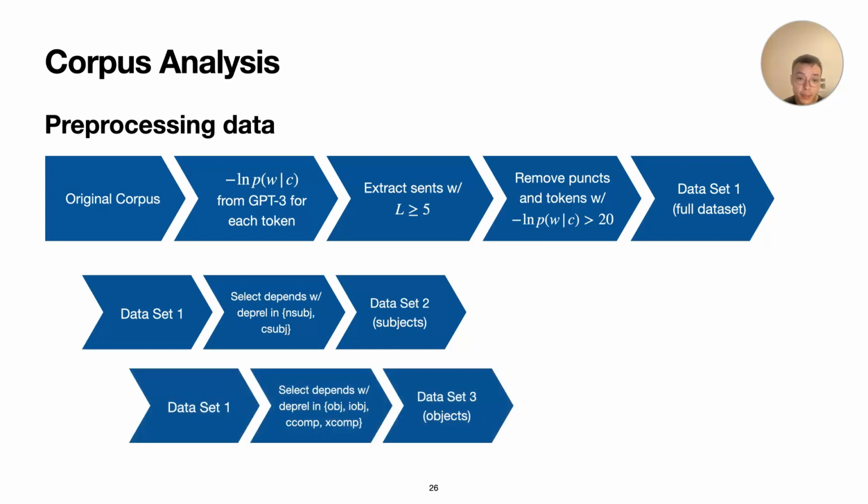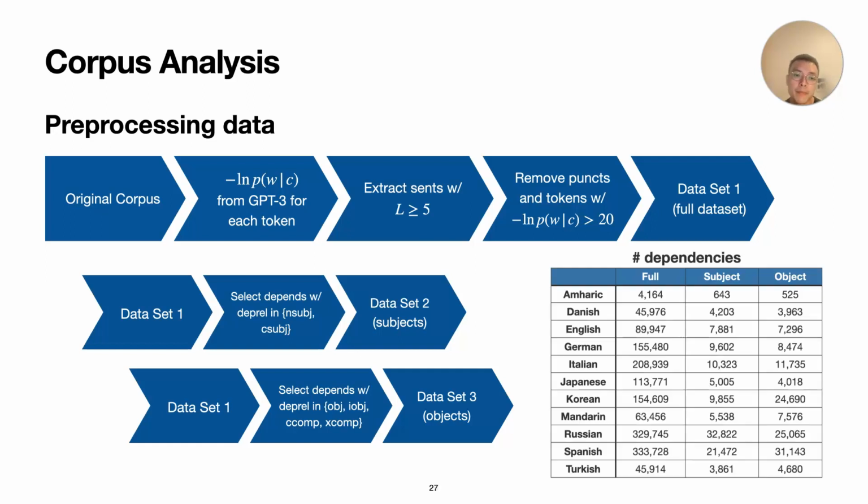We also selected dependencies whose dependents are annotated as object, indirect object, CCOM, or XCOM, and this gives another dataset that only includes object relations. After this pre-processing, we still got a reasonable sample size for all the languages.